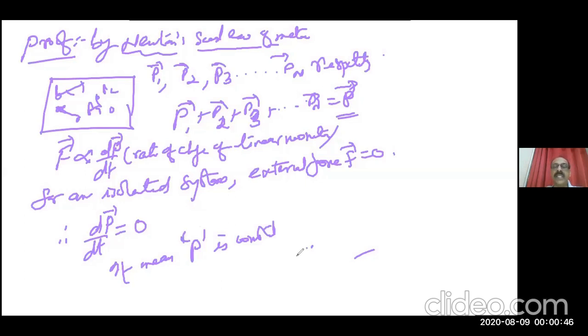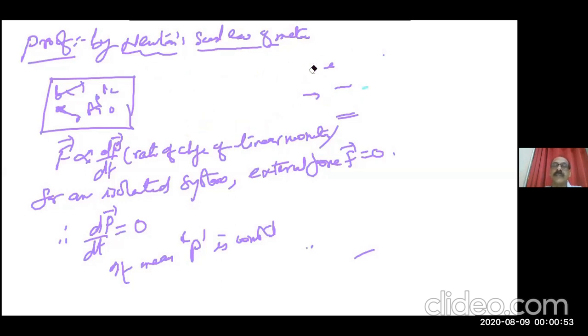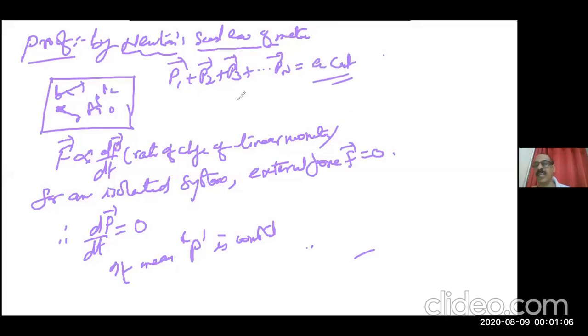Therefore, p1 plus p2 plus p3 plus dot dot pn is equal to a constant. This is what the law says. Total net linear momentum of the particles interacting in a system remains constant. Clear? Yes, sir.